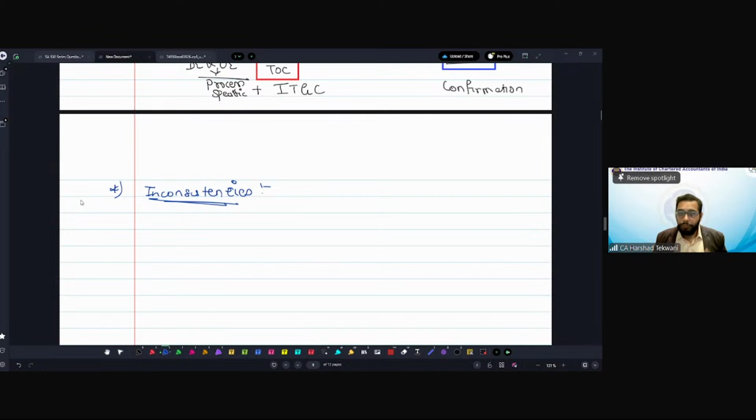Okay, then what? Let's say you have a doubt over the reliability of the audit evidence. What will you do? We will perform additional audit procedures in order to obtain additional information to confirm our conclusions.